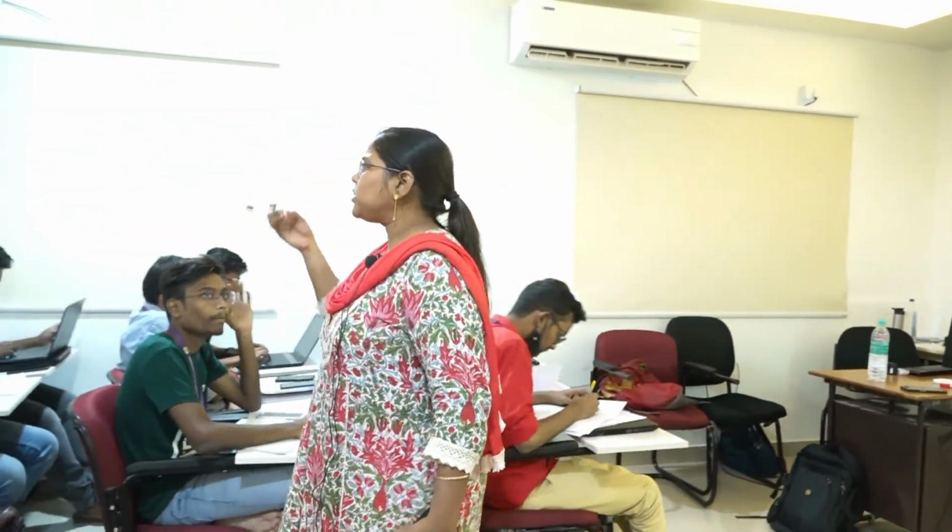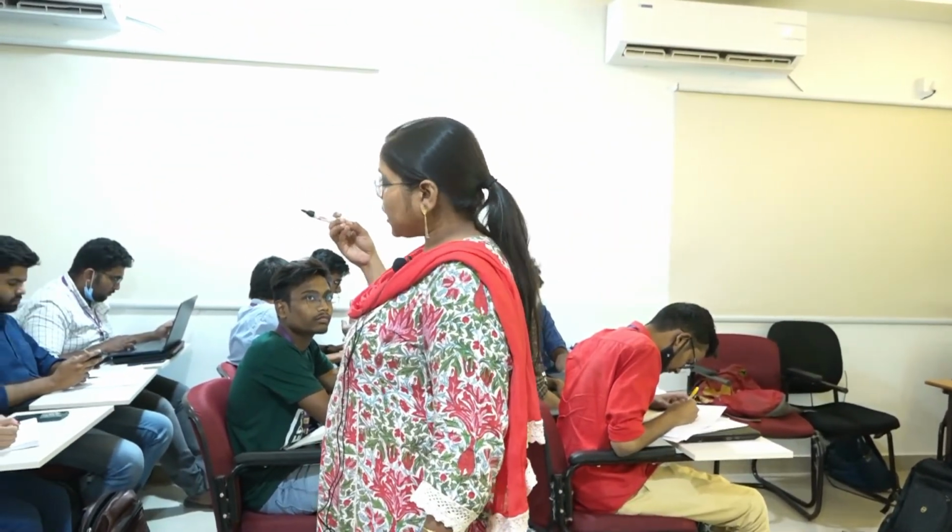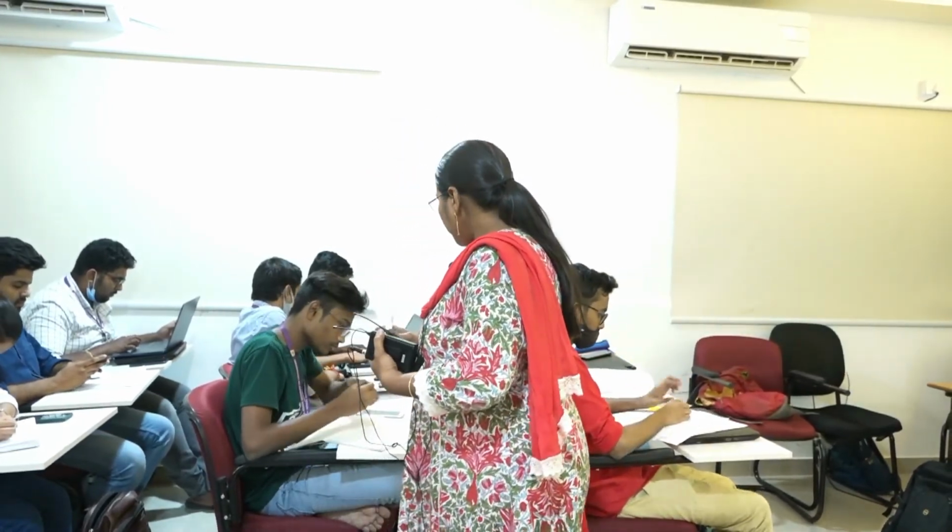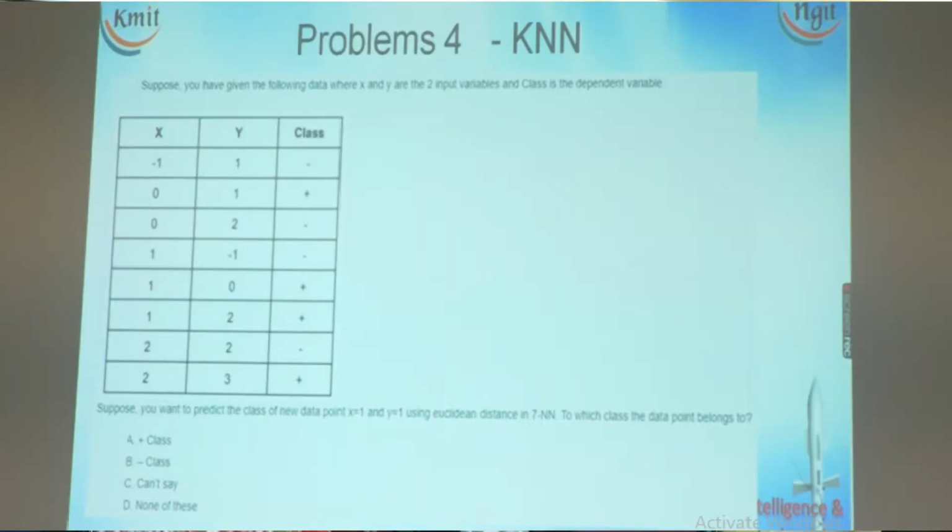Whichever has the highest number of samples, that class we will select. Try to do that. Calculate x1 equal to 1, y1 equal to 1, and take the x2 value and y2 value from this. You assume this as x2, this as y2. For all this you calculate Euclidean distance.